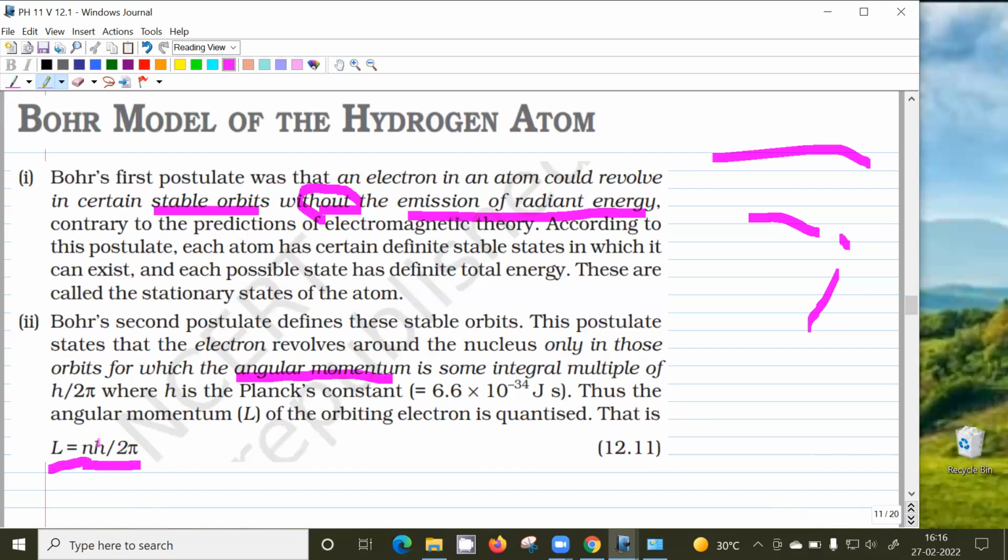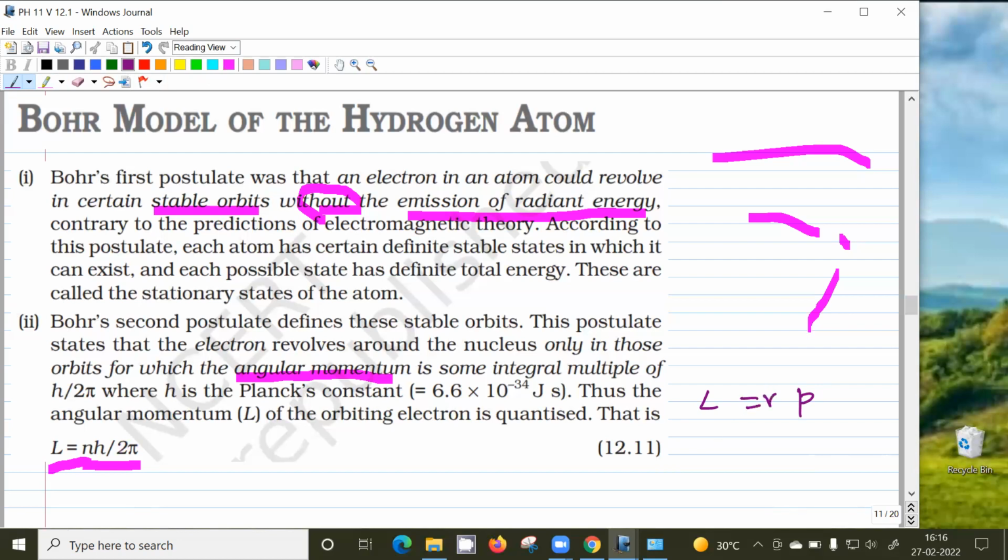Here h is a constant, pi is also a constant, so the angular momentum is proportional to n. And what is angular momentum in a circular path? The angular momentum symbol is L, so how is it related to the linear momentum? The linear momentum symbol is p.